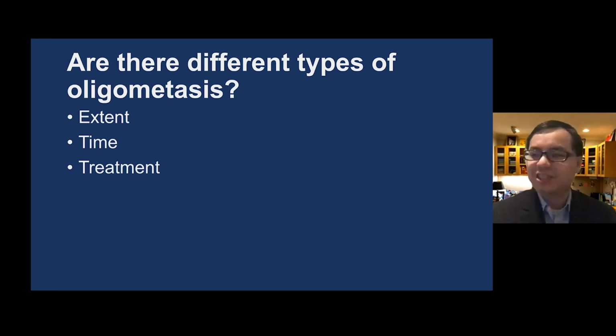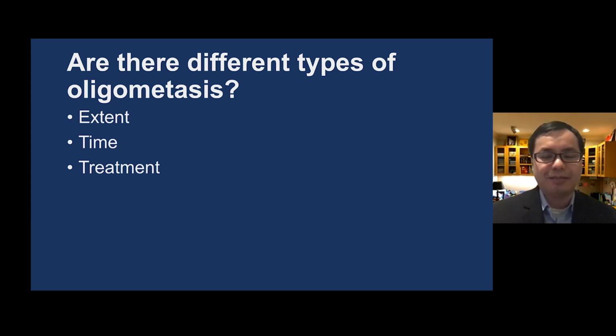These have largely been defined by the extent of cancer, similar to widely metastatic versus oligometastatic, but how many lesions there are or how many areas of cancer there are. The time course, so when these areas of cancer that have spread are detected, whether it's at the time of initial diagnosis or at another period of time that's later on, as well as treatments.